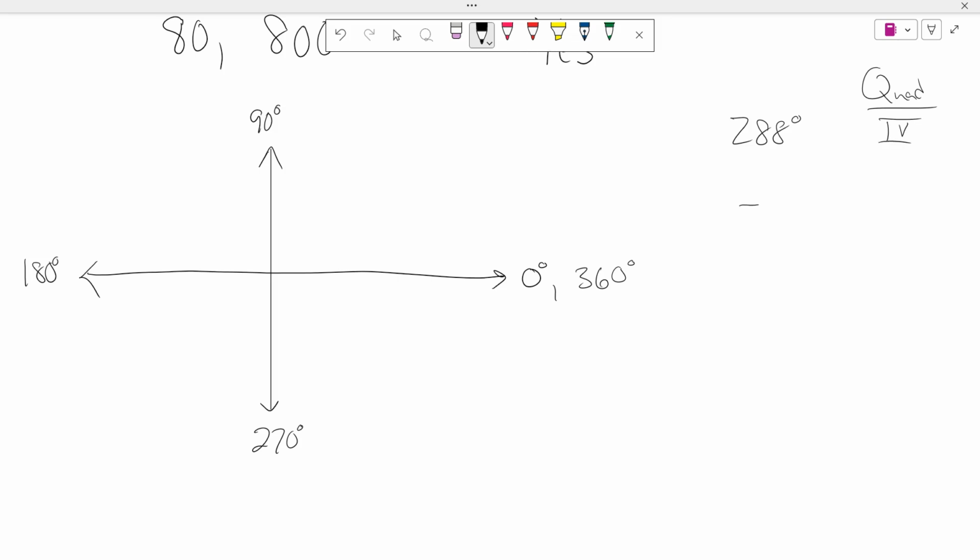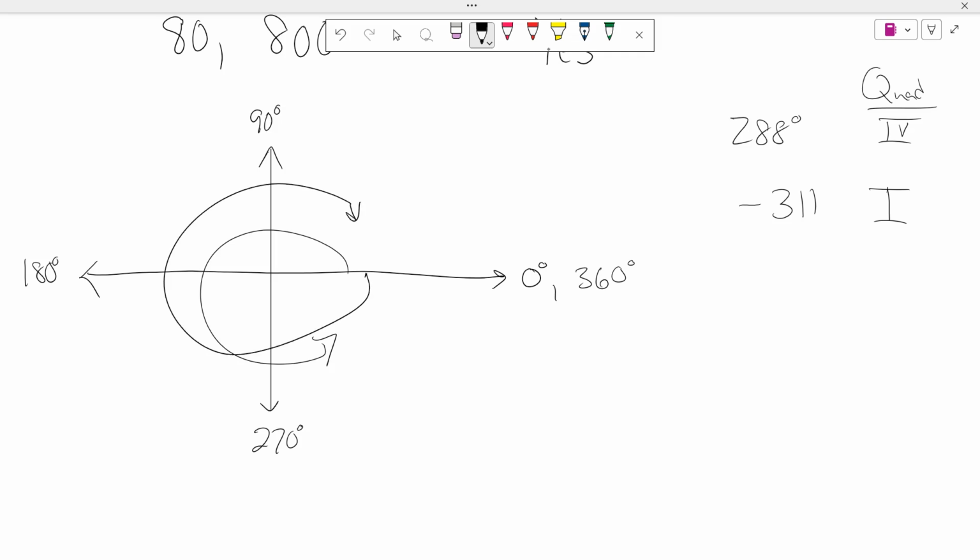If I'm at negative 311, what quadrant am I in? Quadrant 1. Because 311 would be over here somewhere, so if I go negative, I'm going that far backwards.